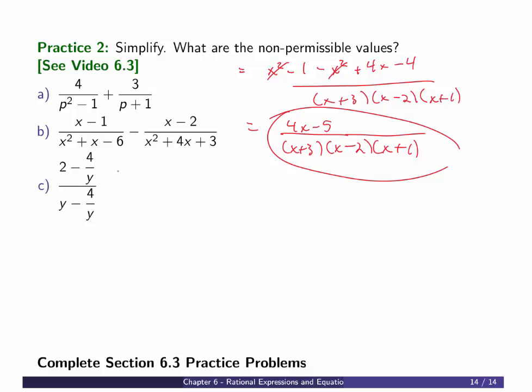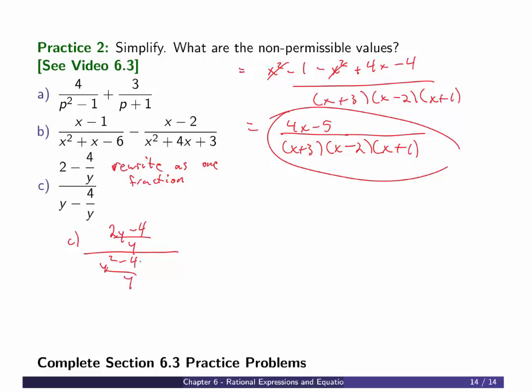So the first strategy for part C, I'm going to rewrite this, actually. I'm going to rewrite as one fraction. And what I mean by that is I'm going to rewrite the numerator and denominator as one fraction. So for part C, what we're going to have is 2y minus 4 over y all over y squared minus 4 over y.